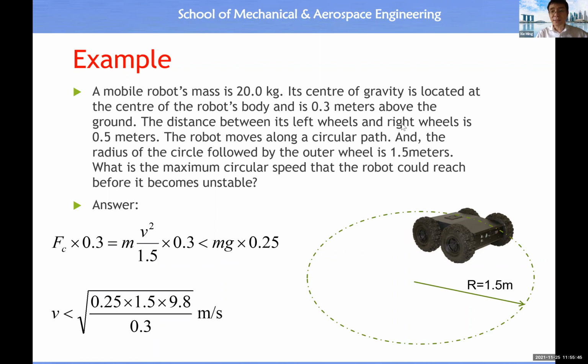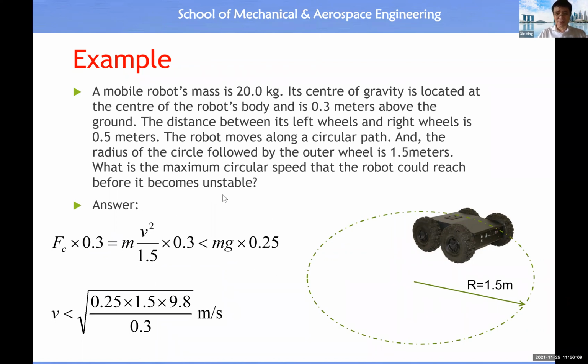Because the distance between left wheel and right wheel is 0.5 meter, half of this value is equal to the moment arm of mg. So what is centrifugal force? Centrifugal force equals mass times centrifugal acceleration, which is circular velocity squared divided by the radius of rotation.